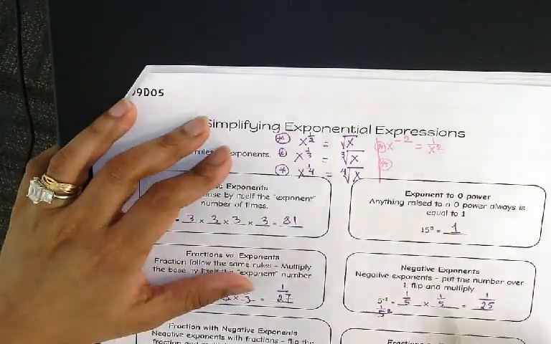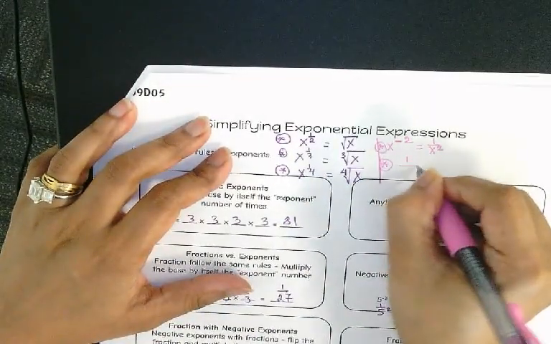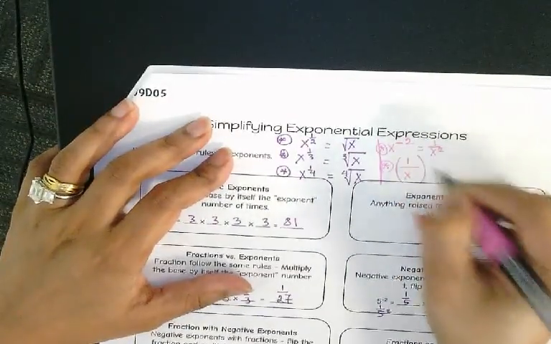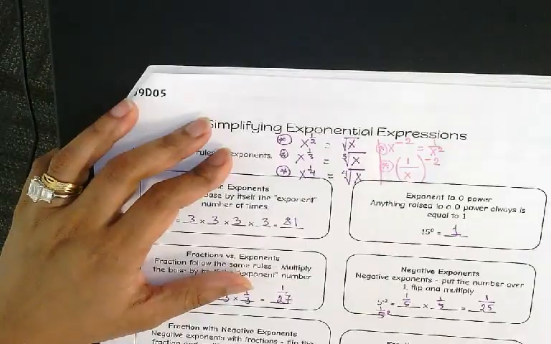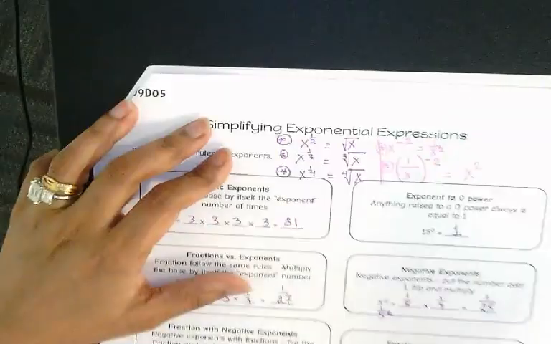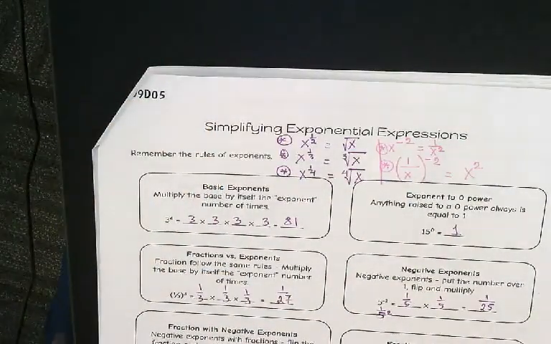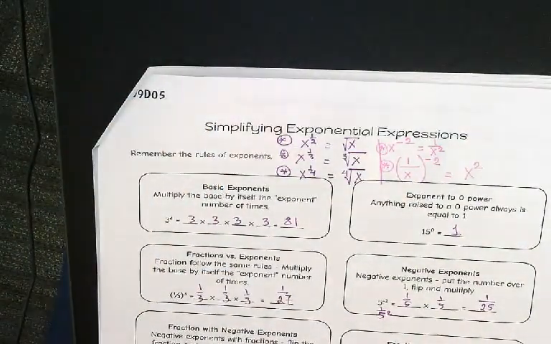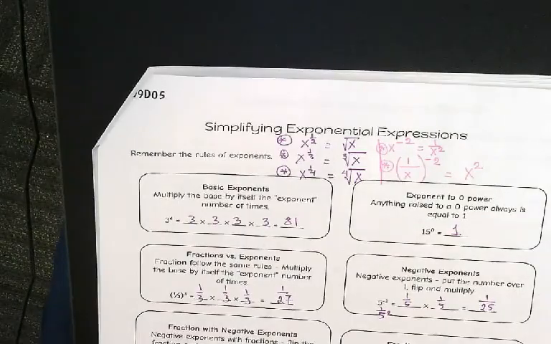If I have 1 over x to the power -2, what happens to this one? x to the power of 2. All the negative goes away. The fraction becomes a whole number. We good? All right.